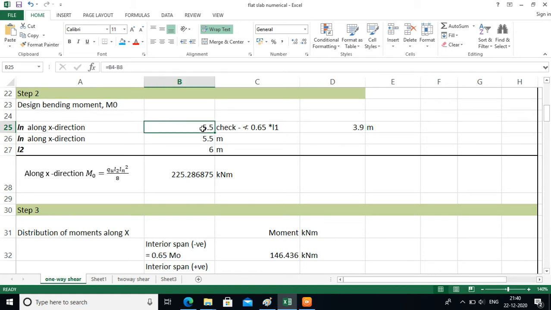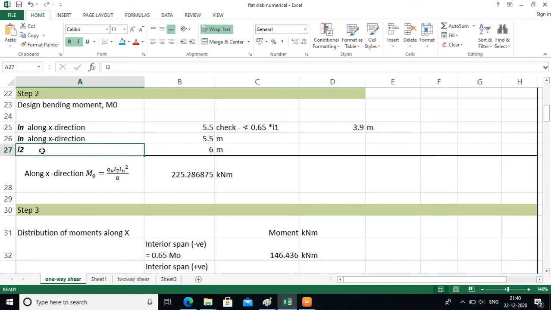But as per the formula we are getting that distance as 5.5, that is center to center distance between the columns minus size of column. So out of these two we'll select the maximum. For that I am using the max formula, selecting the maximum between 5.5 and 3.9, so we get the Ln distance along x direction as 5.5 meters.